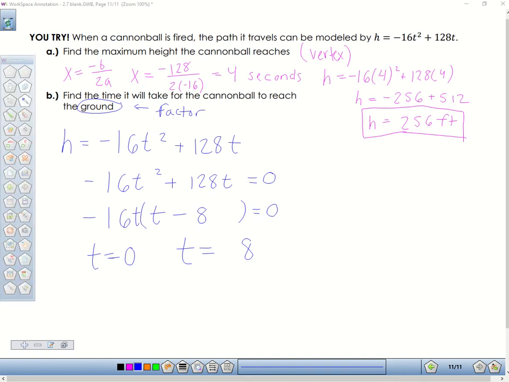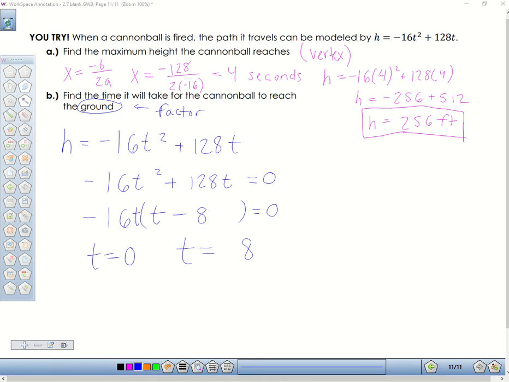So, for the first part, you want to find the maximum height of anything. Any quadratic, maximum height occurs at your vertex. In order to find the vertex, you first need to find the axis of symmetry. And when you find the axis of symmetry, that basically gives you the time at which the maximum height occurs.